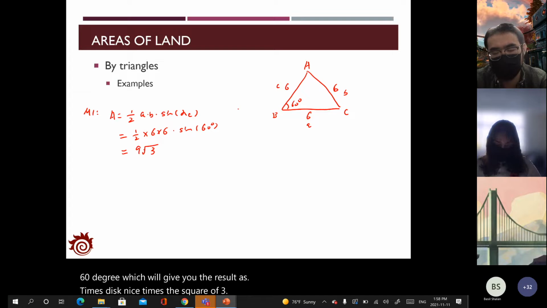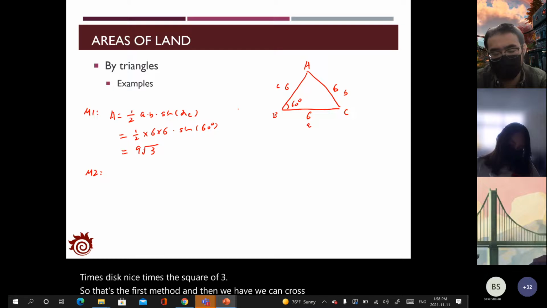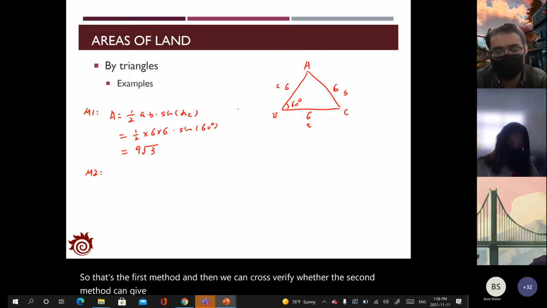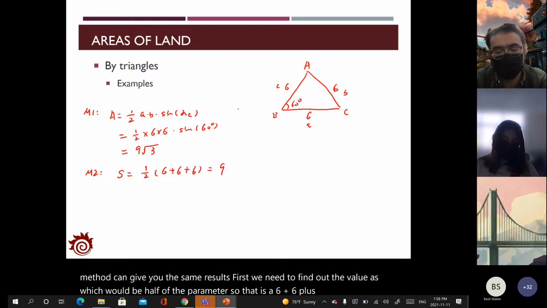So that's the first method. And then we can cross-verify whether the second method can give you the same result. First, we need to find the value of S, which would be half of the perimeter. So that is 6 plus 6 plus 6 over 2, it's 9.